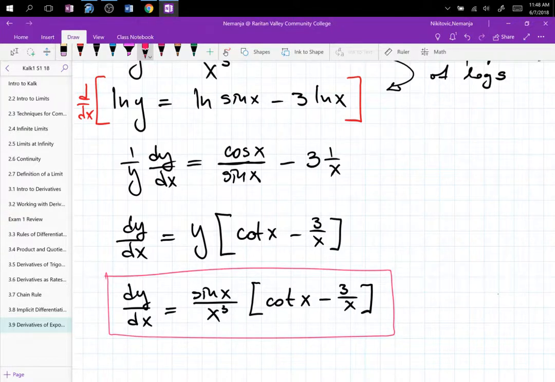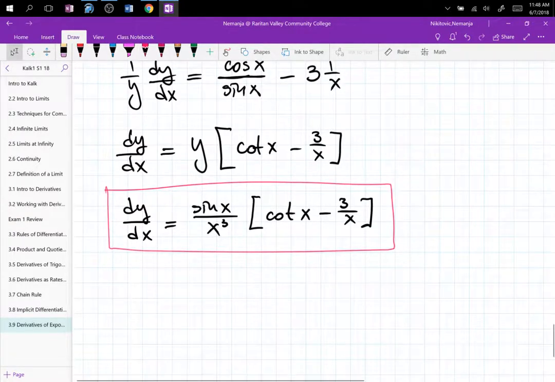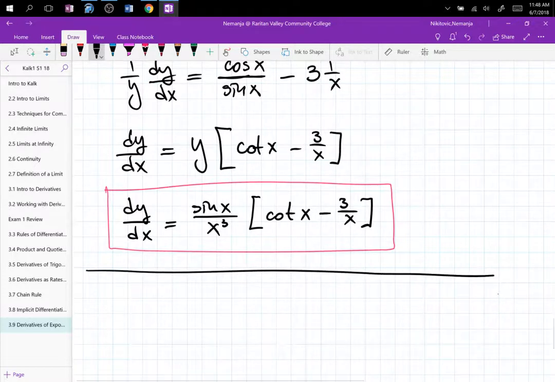I will go through this procedure again. The only one that gets to be a little bit tricky is if you have one of the e's show up, because they cancel, right? ln of e cancels, as I had in the previous example. We'll do one of those as well. But if you have any other function, then it's just easy. You plow through it.